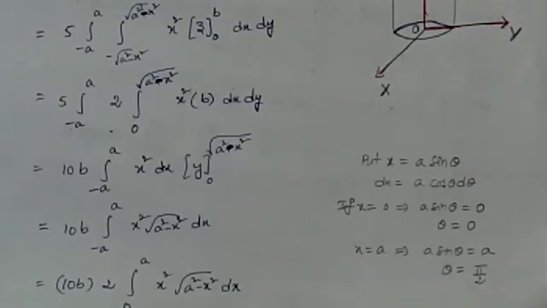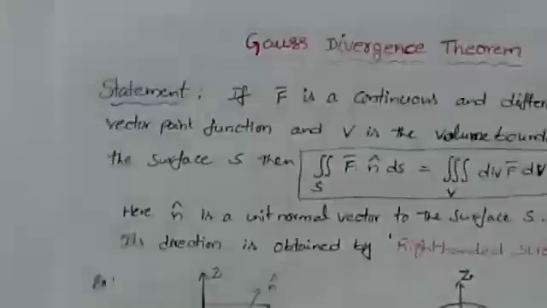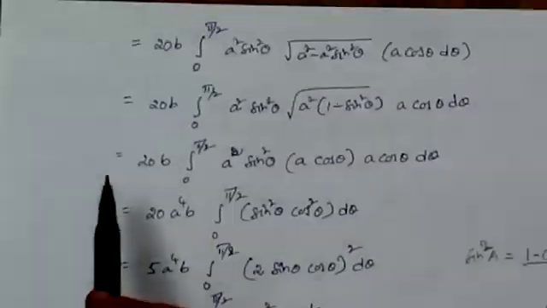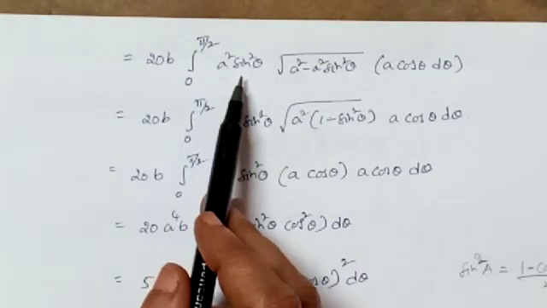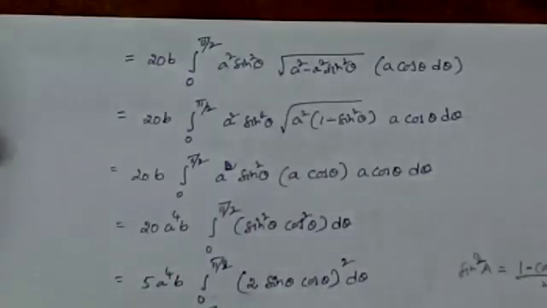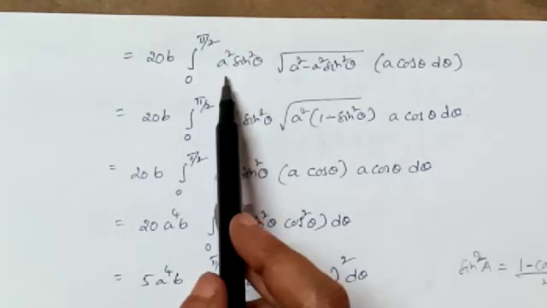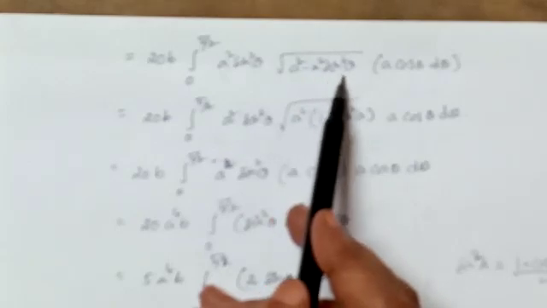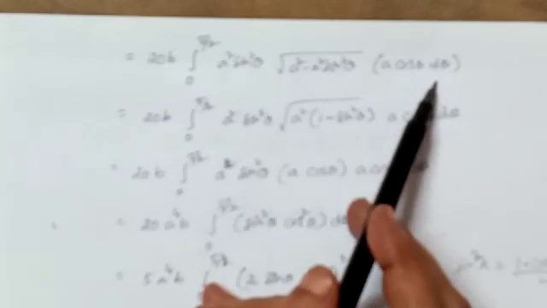So changing these limits and substituting in this expression, what we have is 2b integral 0 to pi by 2 a square sin square theta. Since x is equal to a sin theta, we get a square sin square theta, and root of a square minus a square sin square theta, into a cos theta d theta.